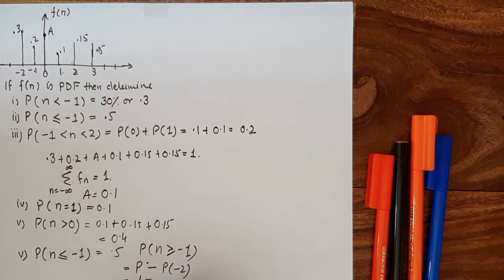So this will be 1 minus 0.3, this will be 0.7. So the probability of occurrence of this event for any value greater than or equal to -1 is 0.7. So this is how pretty easily you can calculate the probabilities of a discrete random variable if the PDF of that random variable is given.